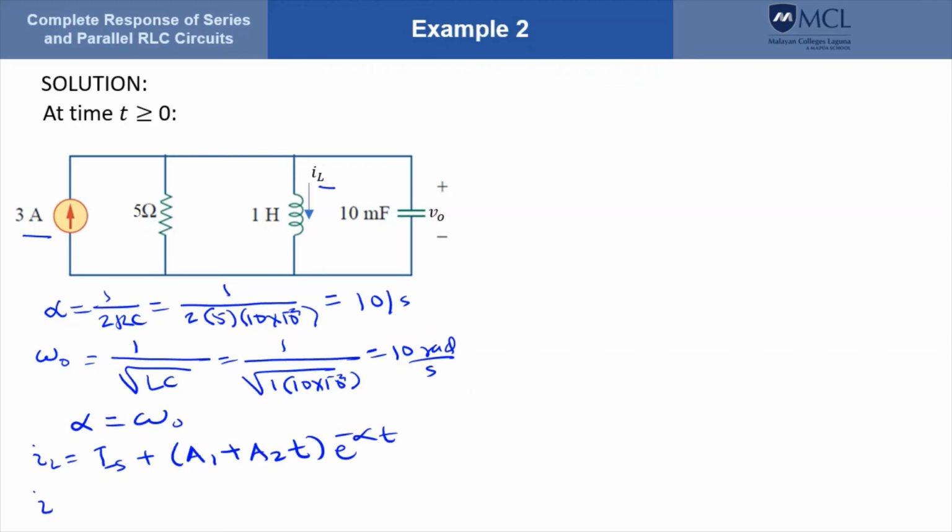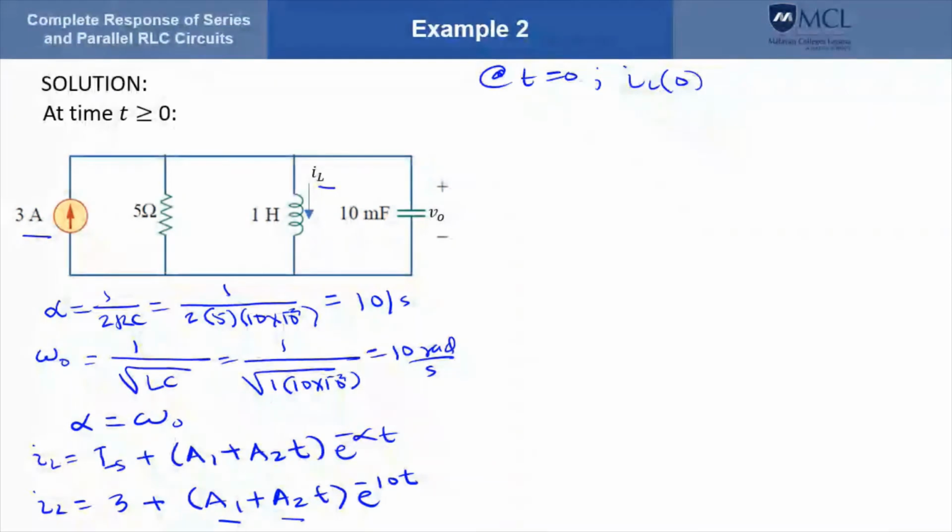So therefore, I sub L is 3 plus A1 plus A2 t, e to the minus 10 t. Now we need to find A1 and A2 using the initial conditions. We know that at t equals 0, IL is 1 ampere. So we substitute that here.